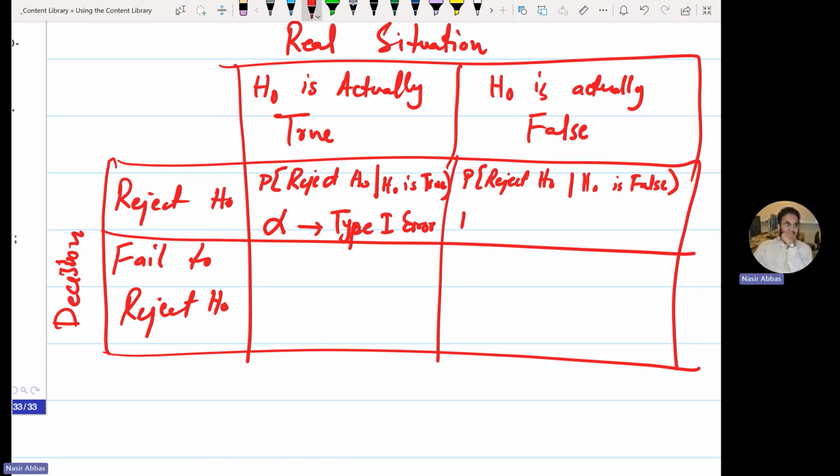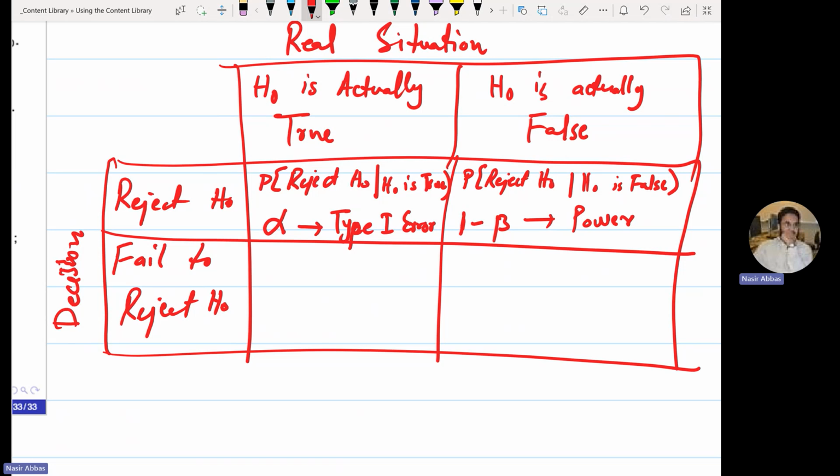This is called power of the test. How powerful you are to say to a person who's wrong that you are wrong. The person is wrong, and you have the courage to say that you are wrong. This is called power of the test.